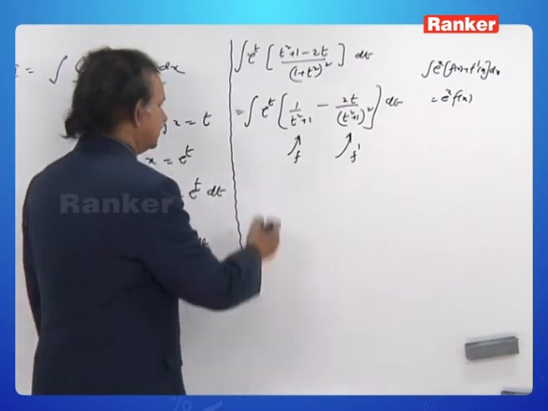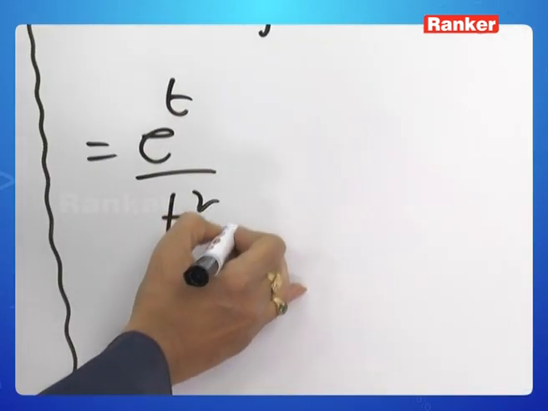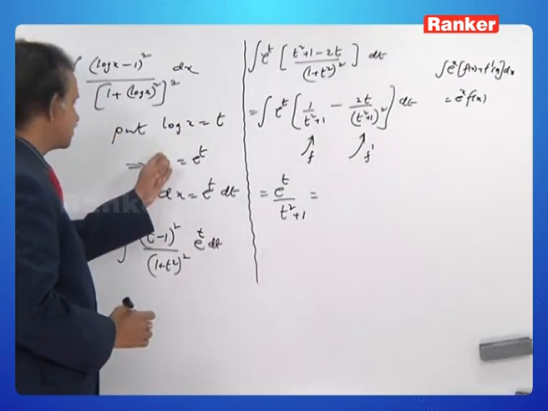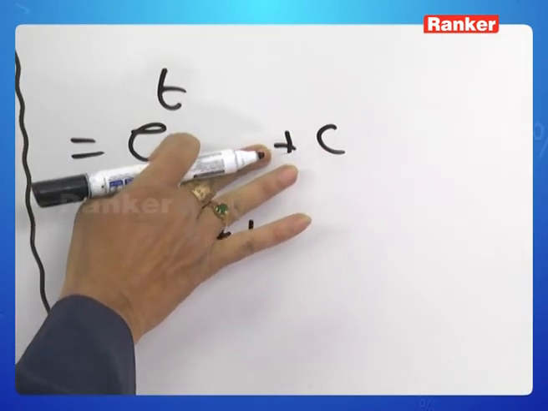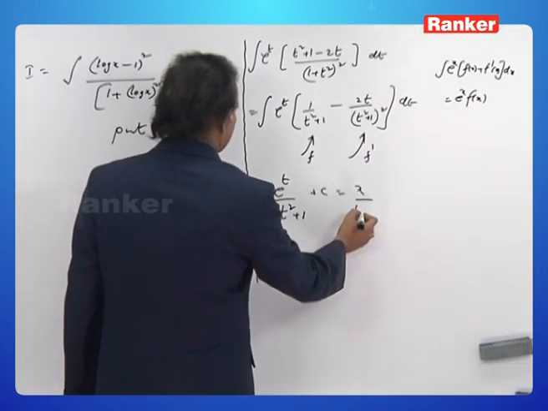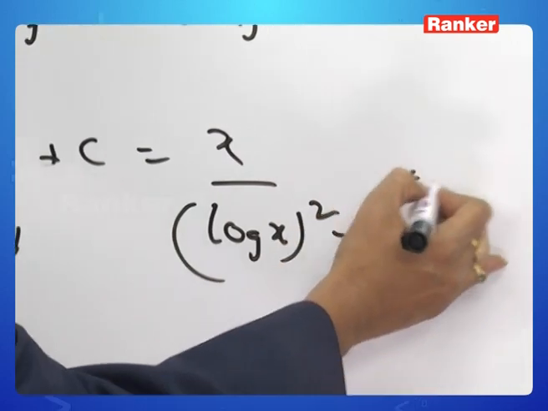According to that, the answer for this is e power t by t square plus 1. Well done. What is e power t? E power t is nothing but x. Is equal to x by log x whole square plus 1 plus c.